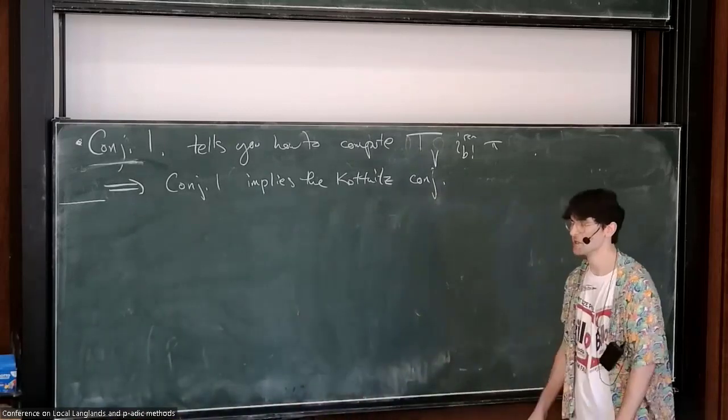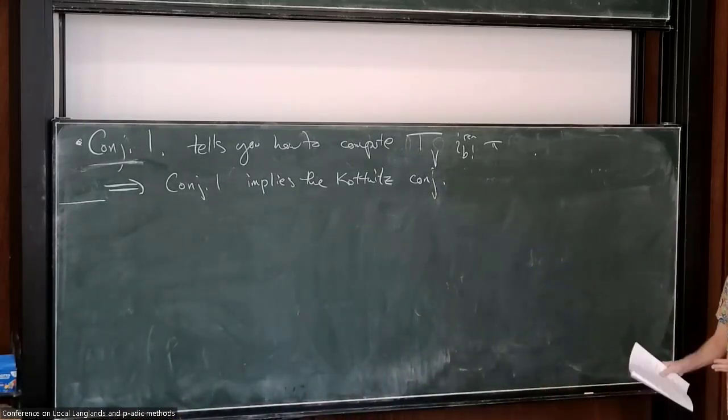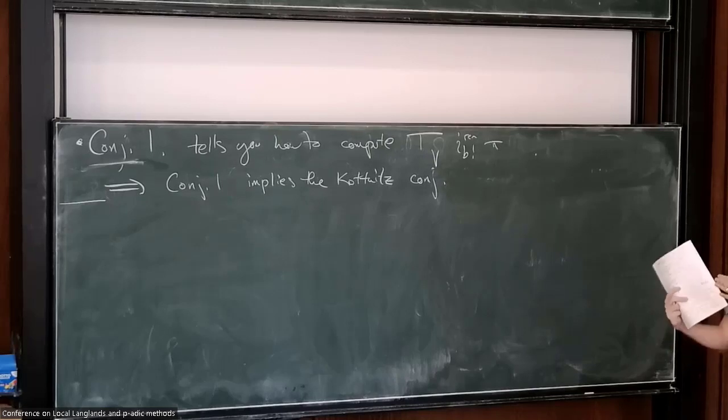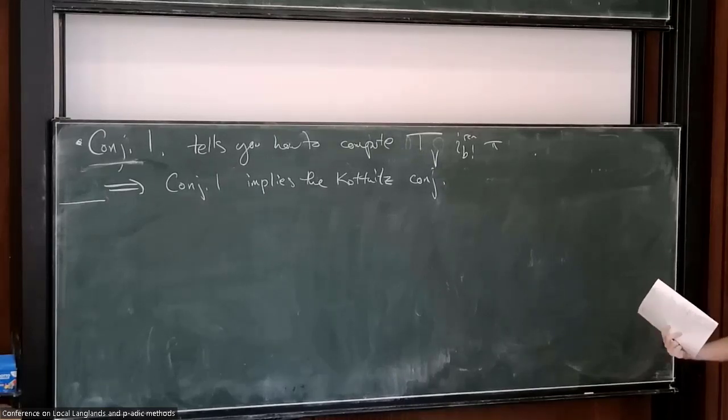Yeah, good question. So there is a perverse t-structure on Bun_G, and it's kind of exactly what you want it to be. So the star restriction to Bun_G^b is in perverse degrees less than or equal to 0 if and only if the star restriction to Bun_G^b is in degrees less than or equal to, well, minus the dimension, which turns out to be this pairing of 2 rho with the Newton cocharacter.